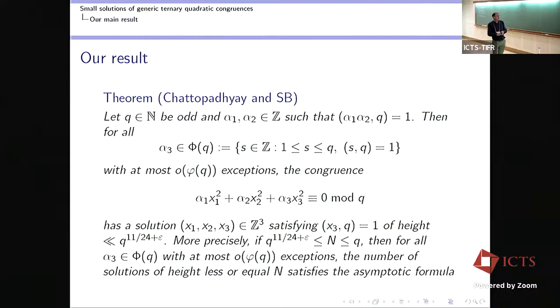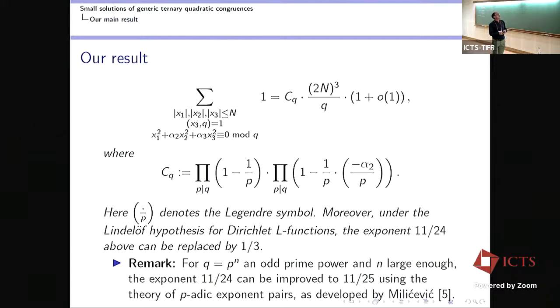And we even get an asymptotic formula for almost all of these quadratic congruences. When we choose our coprimality conditions like that, just assuming x3 to be coprime to q, then the main term depends only on alpha 2 and alpha 1. So we also set for this result alpha 1 equal to 1.